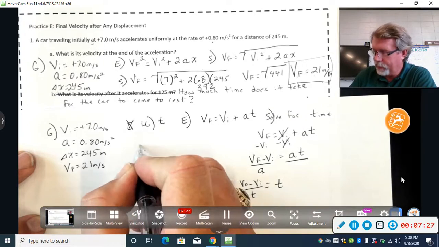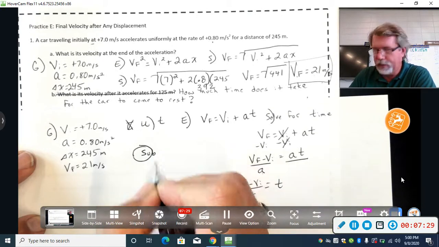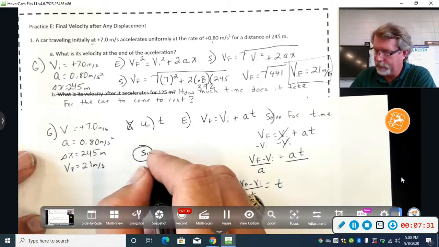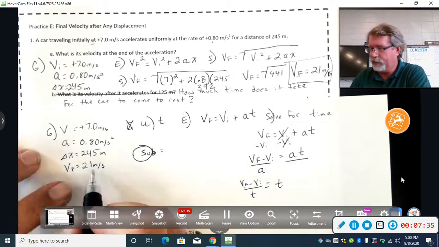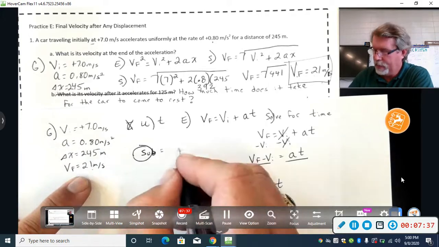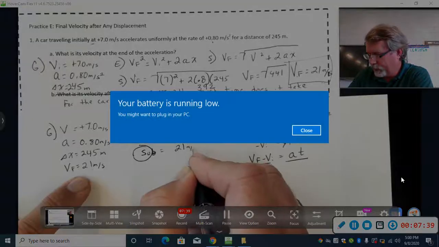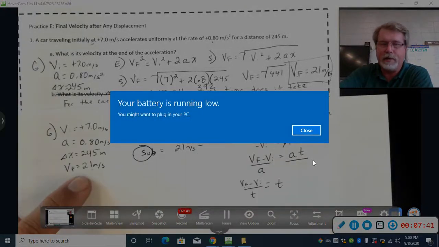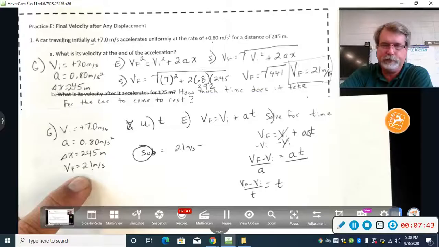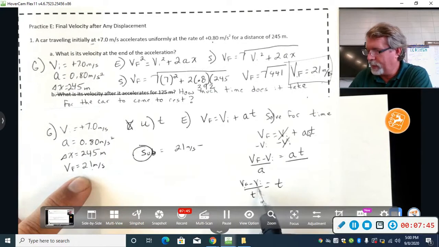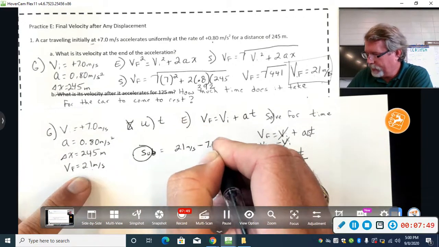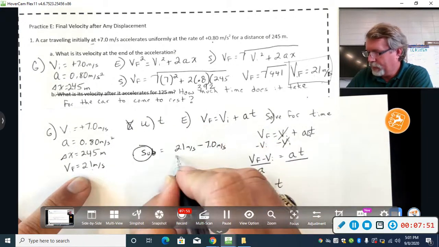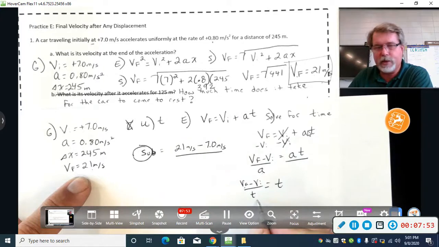Now we're going to come over here and substitute to get our final response. Our final velocity, which we solved in the previous problem, 21 meters per second, minus our initial velocity, 7.0 meters per second, divided by the rate at which this is occurring.